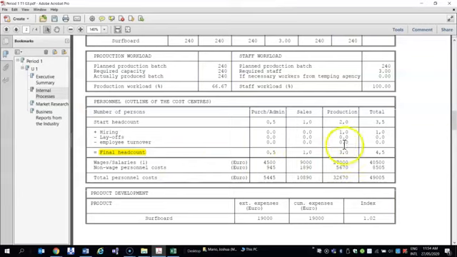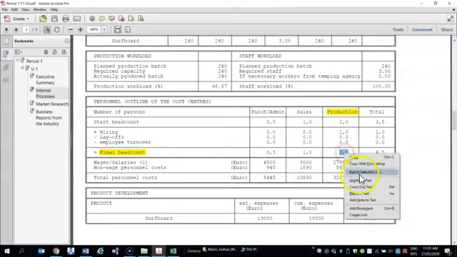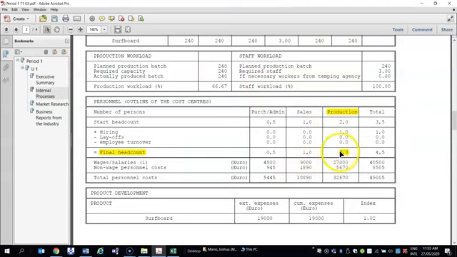So we only consider figures under production. In my case, I have 3 in production. These are the number of employees I have in production.